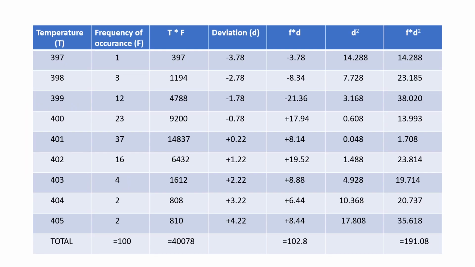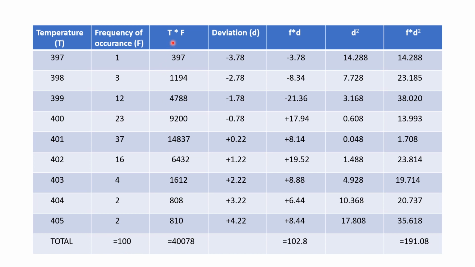These are the data given. I have prepared a table for the given data. Column 1 is temperature as given, and column 2 is the frequency of occurrence, F. If I add the frequencies, the sum is 100.